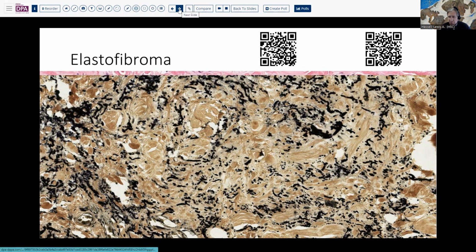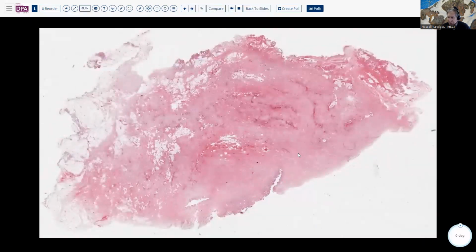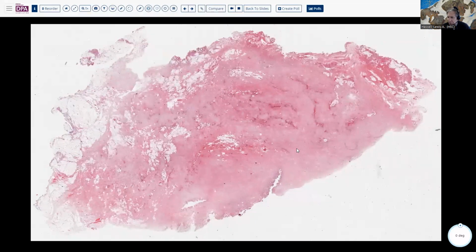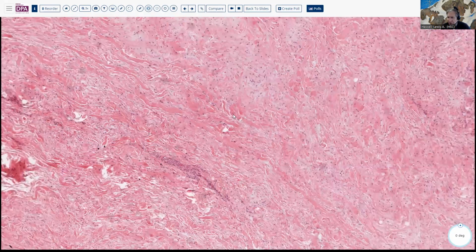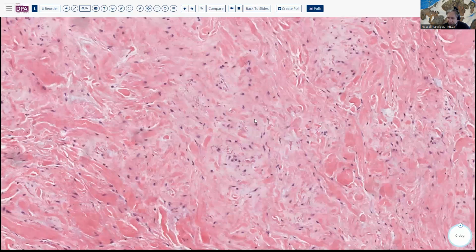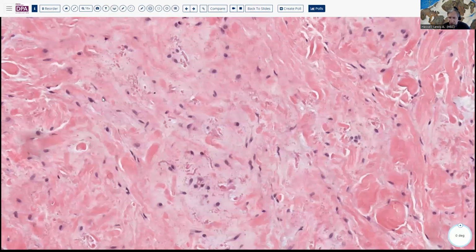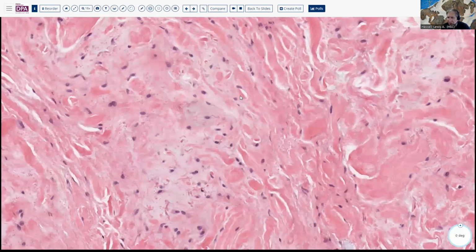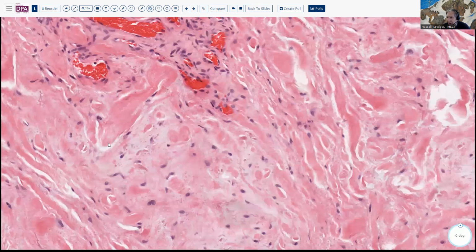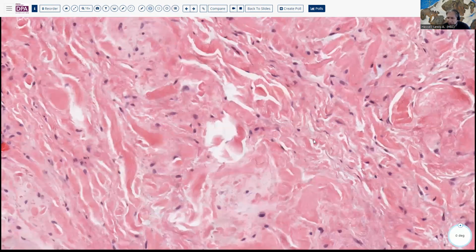But even if you don't have that ability, refractive techniques, such as racking down the condenser, can help you to bring out these elastic fibers, or even just routine close examination will reveal their presence, because they are really present in dramatic abundance in these lesions, and are not hard to find.